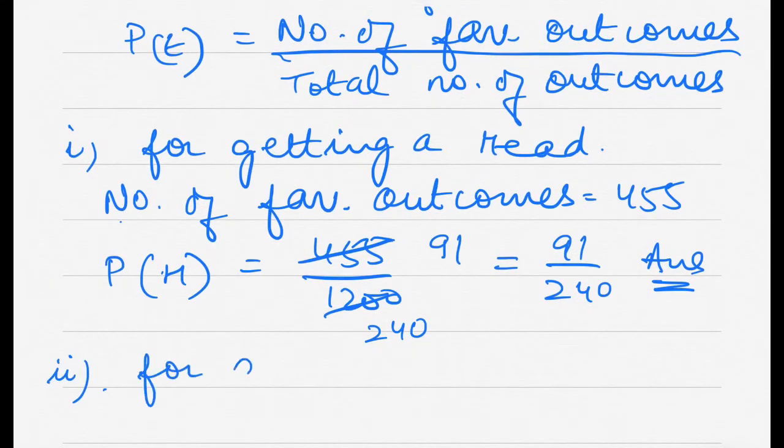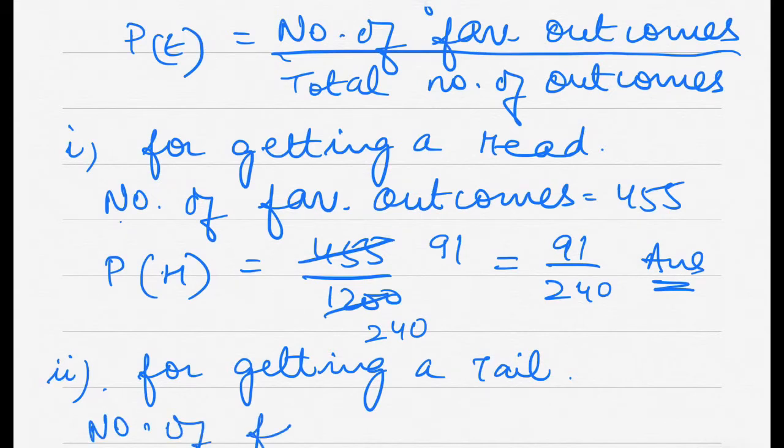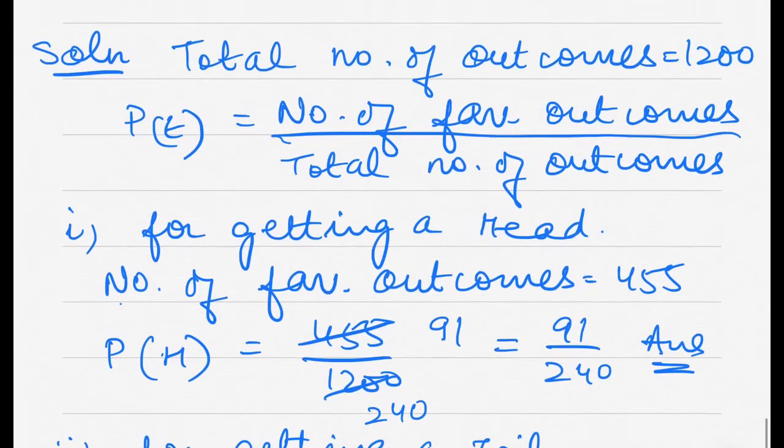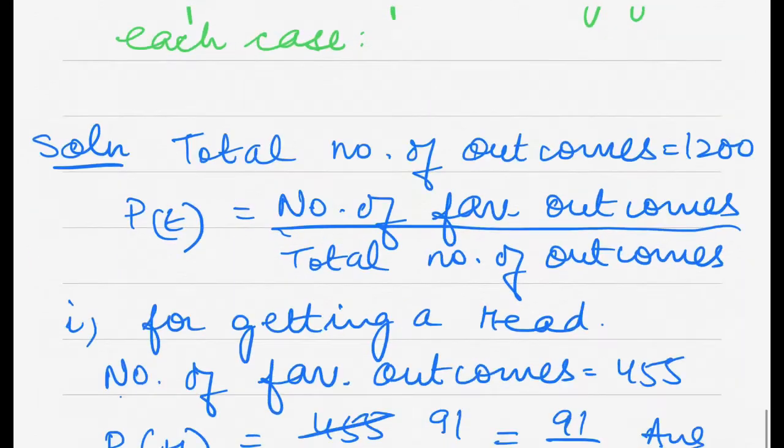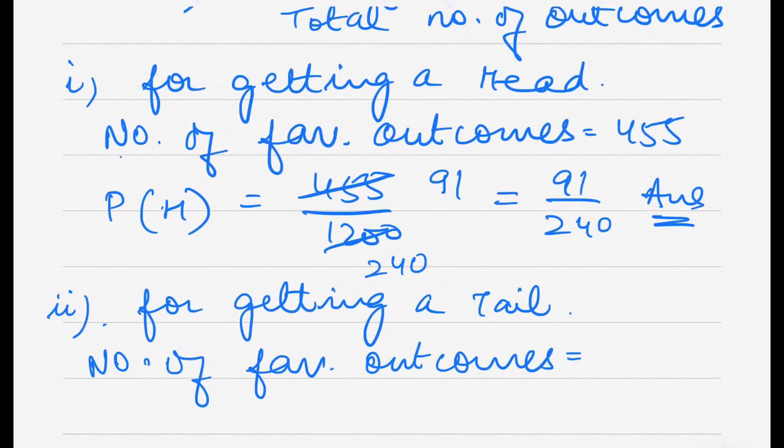Now I'll take the second option, getting a tail. The number of favorable outcomes is 745. So my probability of getting a tail will be equal to 745 by 1200.